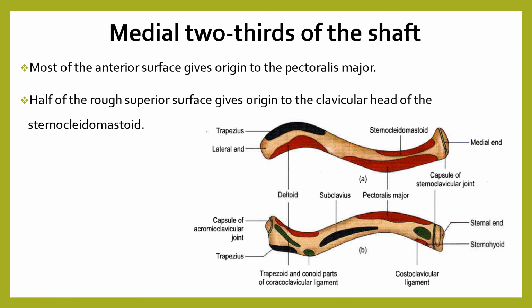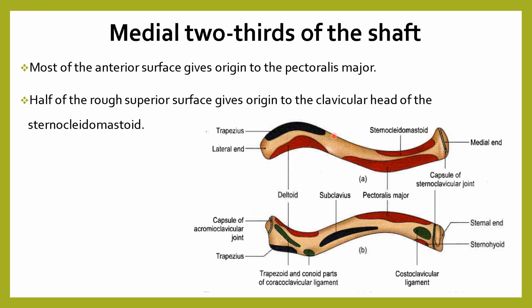Medial two-third. Most of the anterior surface gives origin to the pectoralis major. The medial two-third has four surfaces: anterior, posterior, superior, and inferior surface. Anterior surface gives origin to the pectoralis major.